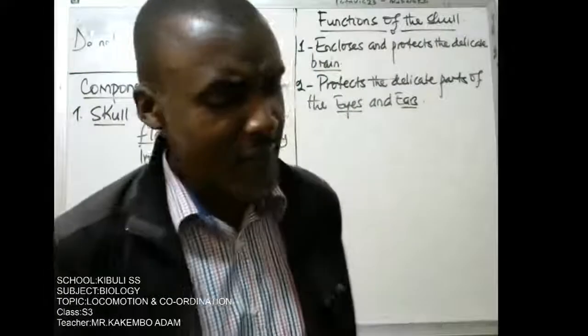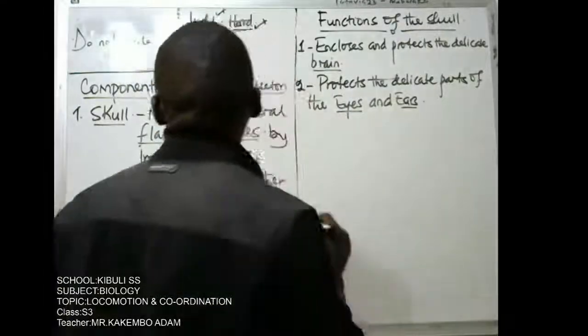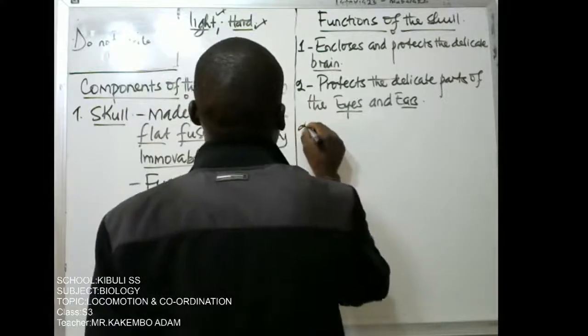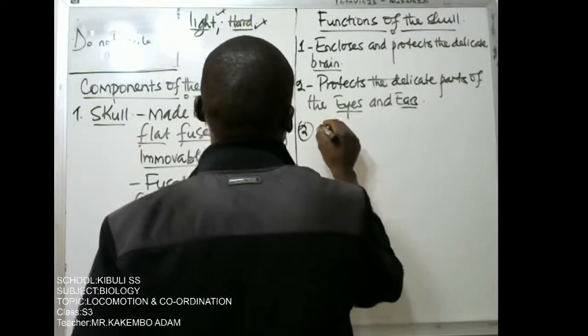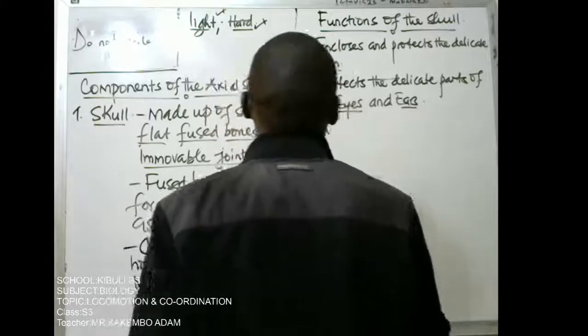Then we can move to the vertebral column. So we have looked at the skull. Now the next part of the exoskeleton is the vertebral column.